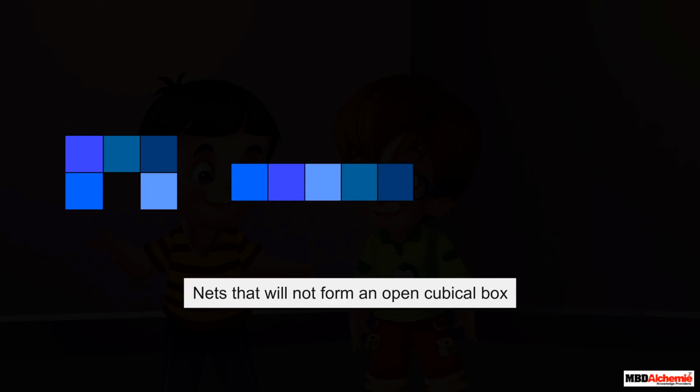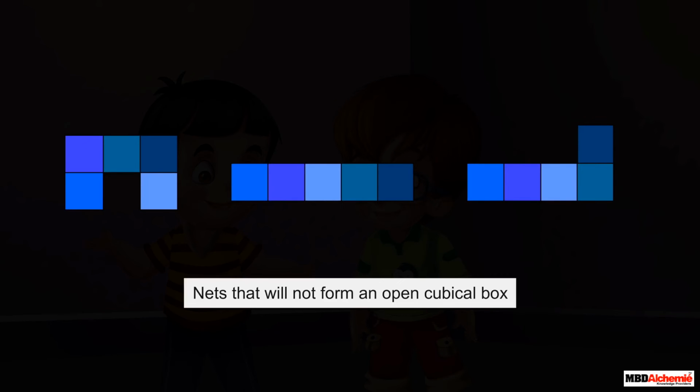There can also be many 5 square nets, which will not make open boxes. A few examples are shown here.